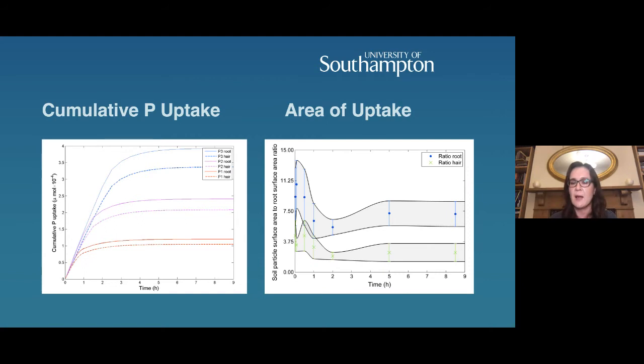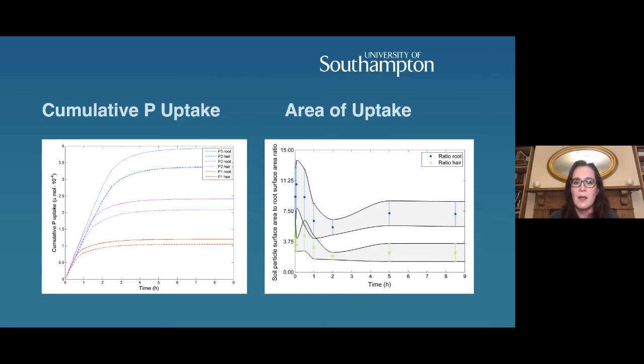But with models and imaging, we can now say how local that is. And again, we see that the root itself is scavenging phosphorus from roughly double the area of soil particle surfaces compared to the actual hairs, which only access half of this area of soil particle surfaces.